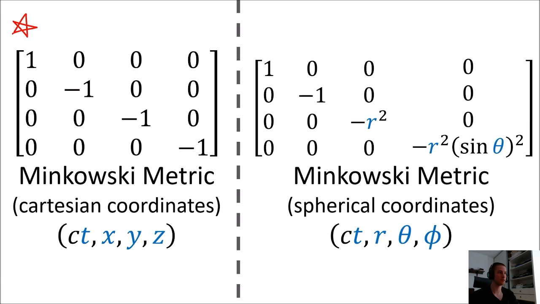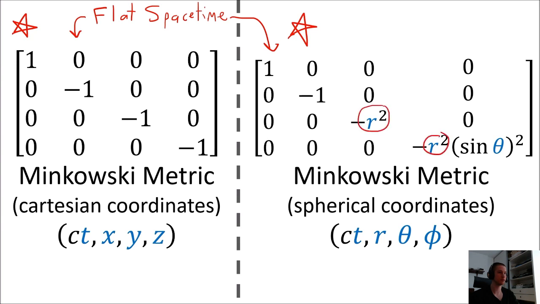So both of these metric tensor matrices represent flat Minkowski space, but one is for Cartesian coordinates and the other is for spherical coordinates. The reason you see coordinate variables like r and theta in the metric components is because the theta and phi basis vectors change length depending on their position in space.